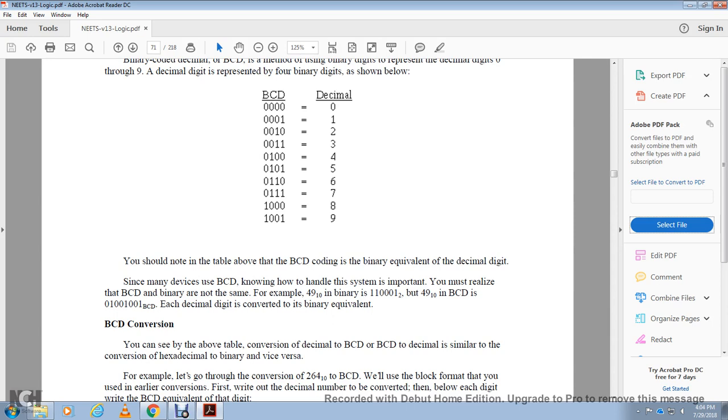Since many devices use BCD digits to handle decimals, you must realize that BCD and straight binary are not the same.